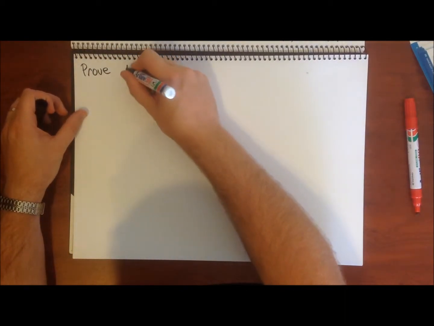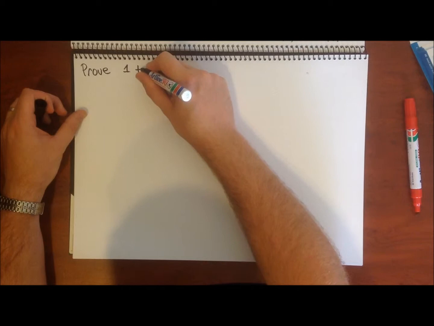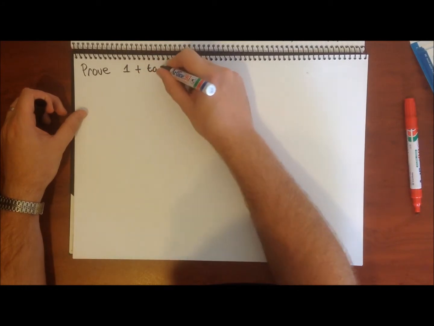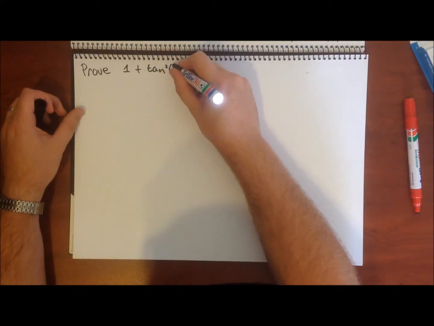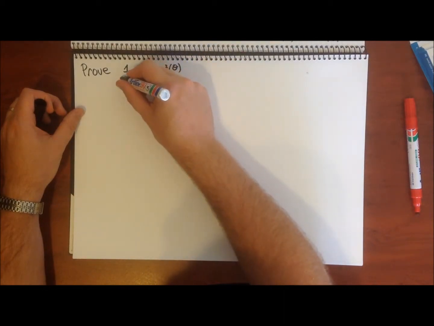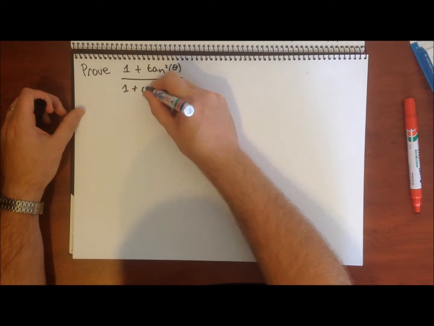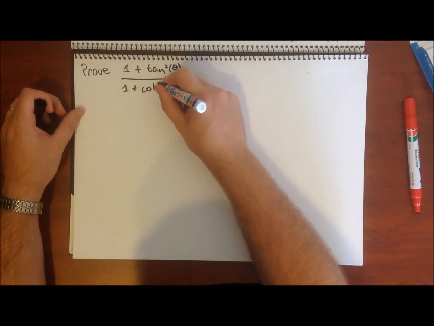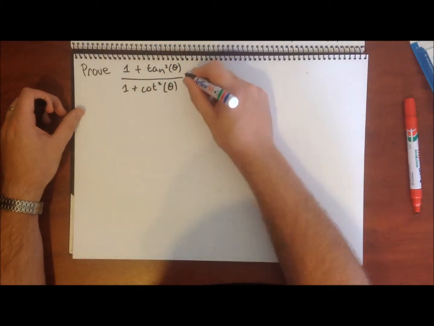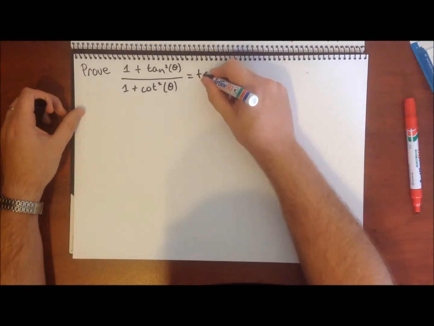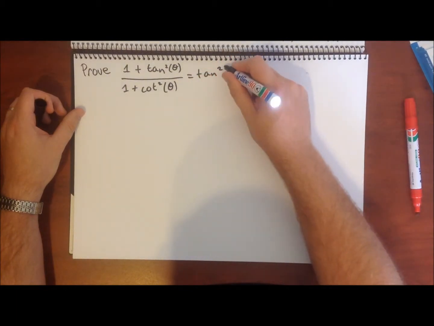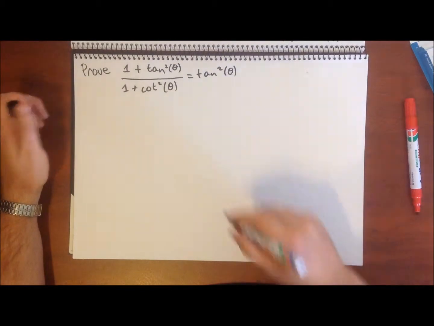that 1 plus tan squared theta divided by 1 plus cot squared theta is equal to tan squared theta.